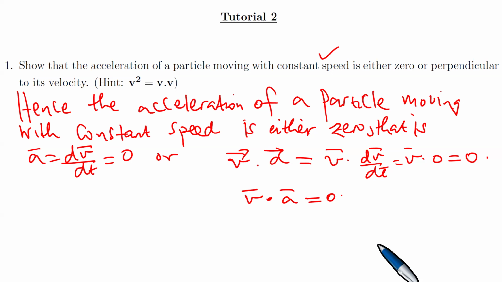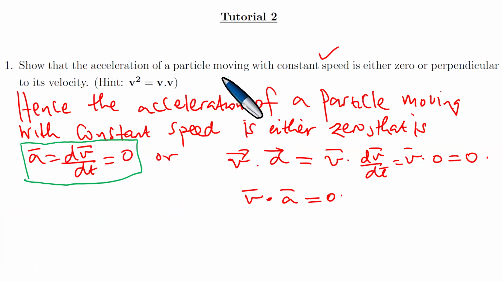We have been able to show whatever the examiner wanted us to show, or the lecturer wanted us to show here: that the acceleration of a particle moving with constant speed is either 0 or perpendicular to its velocity. So if the acceleration is perpendicular to its velocity, it means that they are orthogonal.